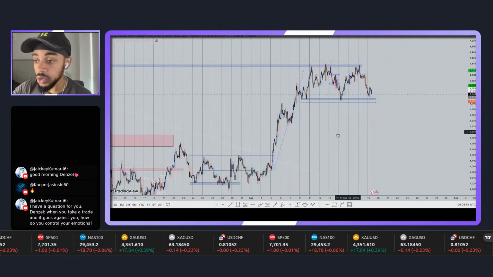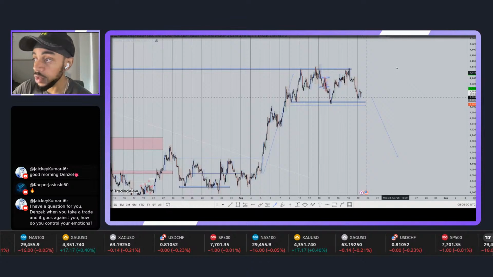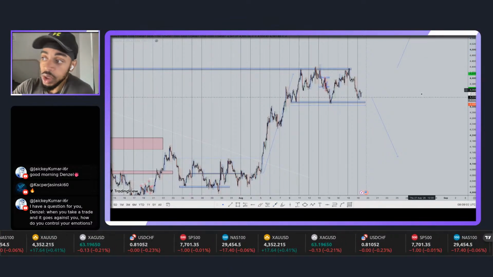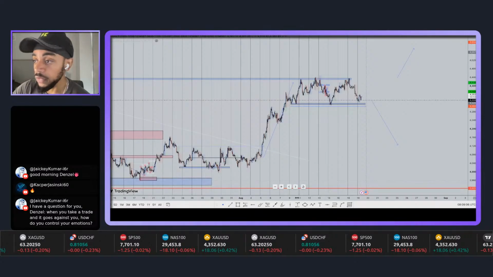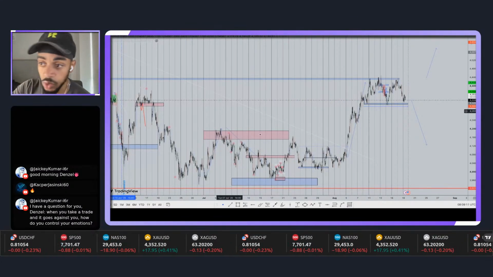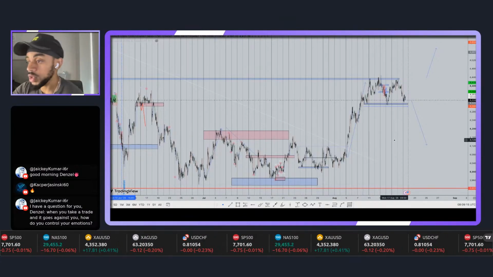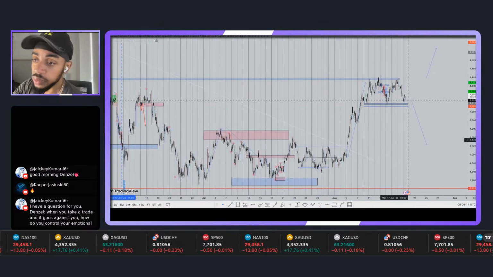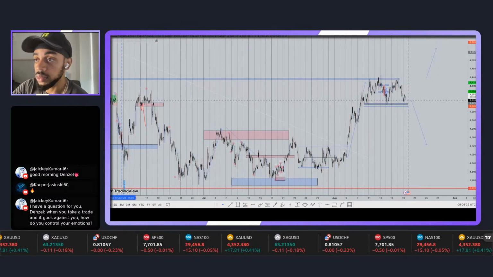It can either move in a downtrend or it can move uptrend. You tell me. That's how the market moves. Up, down, side, up, down, side, up, down, side. It doesn't have to be in that order. It can be down, side, up, side, down, up, down, side. All right.